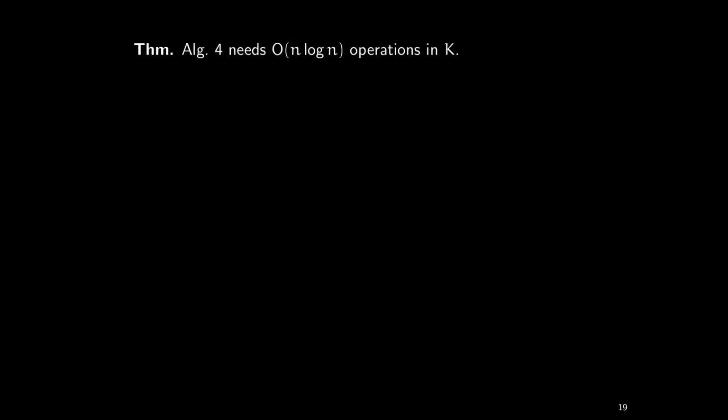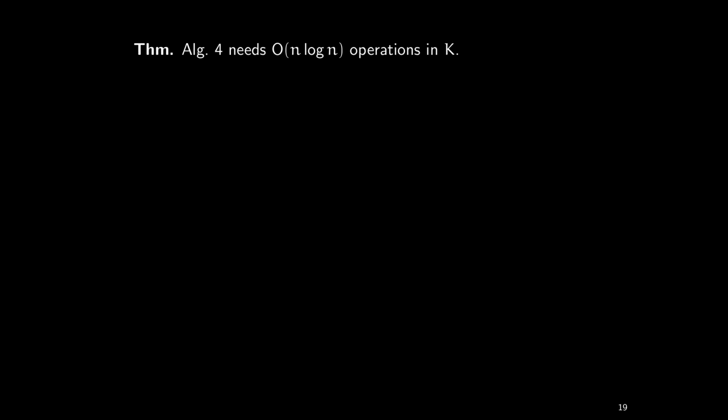Surely the algorithm takes n log n operations. We have seen this. There's nothing to prove because we have seen this in the matrix factorization. The matrix factorization consisted of log n factors, and each factor was a matrix for which the matrix vector product can be done in linear time.